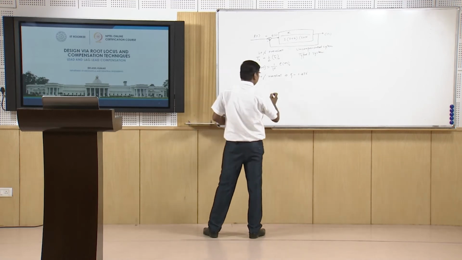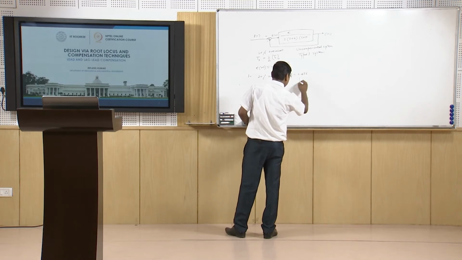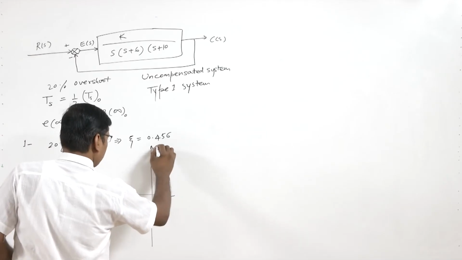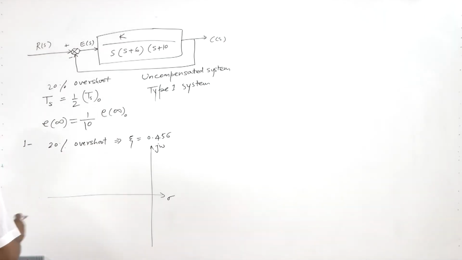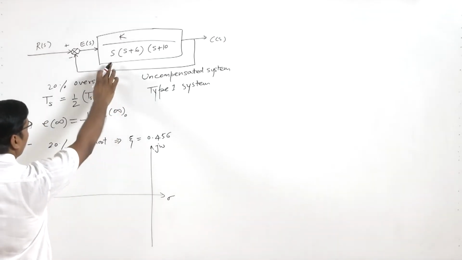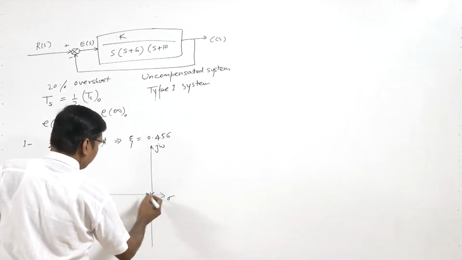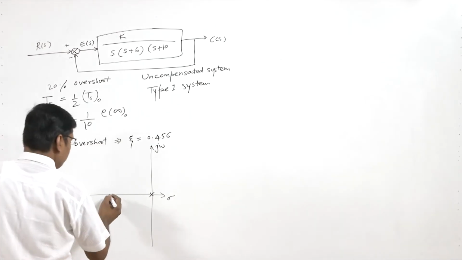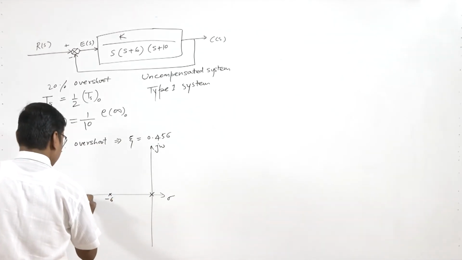So let's plot this. We have open loop poles at s equal to 0 at the origin, at -6, and here at -10.